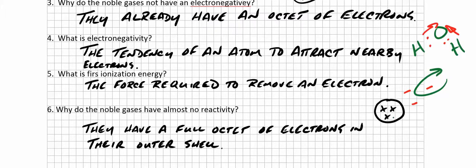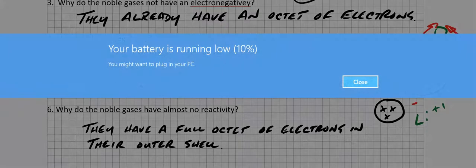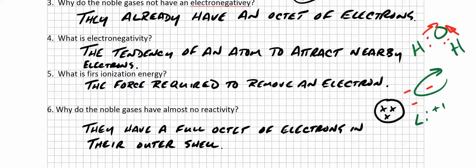Because these protons are not going to let you do it for nothing. They're going to offer resistance, but you can get that last electron off and make an ion. You're going to have an Li plus 1 ion because you're going to have one more proton than electron. So to remove that first electron is called the first ionization energy, and we now understand that trend.